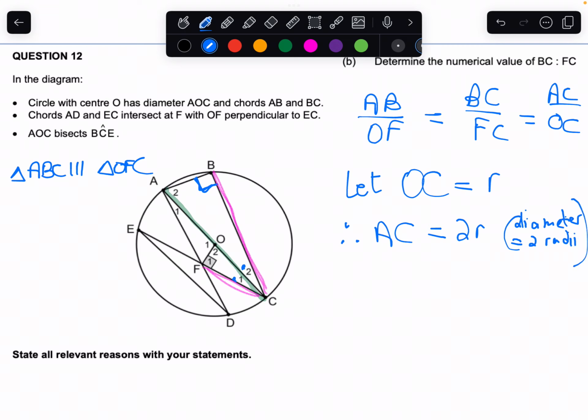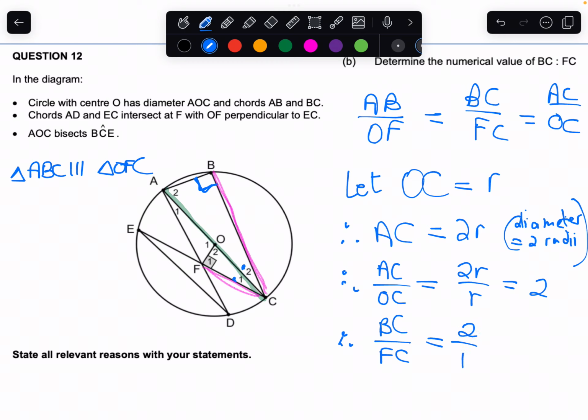And so therefore, AC over OC is equal to 2R over R, which is 2. And so therefore, the ratio BC over FC is equal to 2 over 1 as well. Well, it is 2 over 1, but I don't know why I decided to write just 2 over 1. It will also be equal to 2. So BC to FC is the same as BC over FC. That ratio is 2.